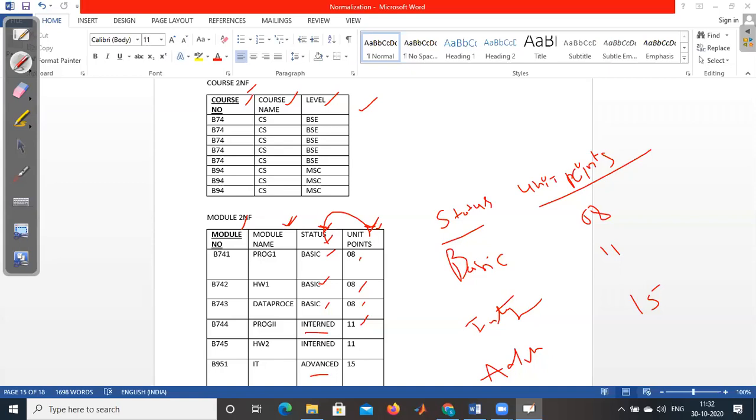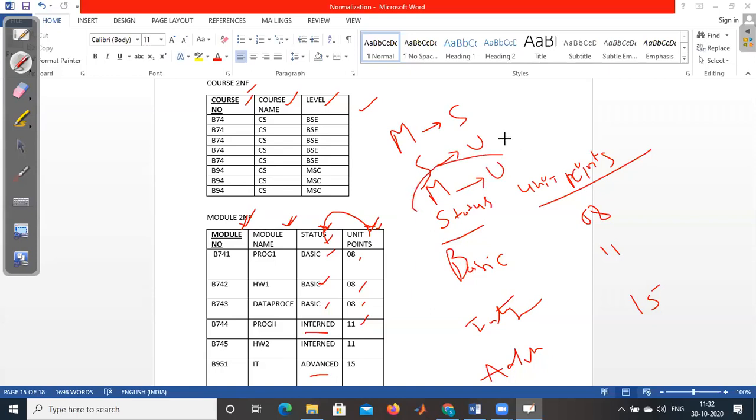If you know the module number, we get the status, and from status we can get the unit points. That means if you know the module, you are getting the unit points.